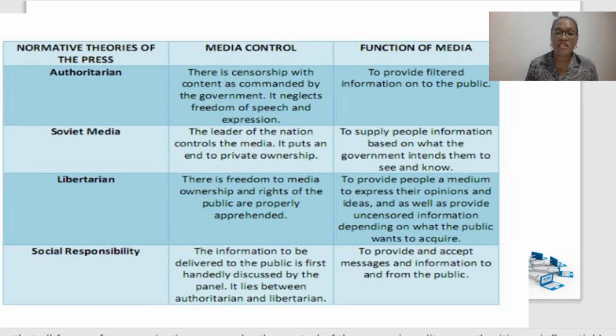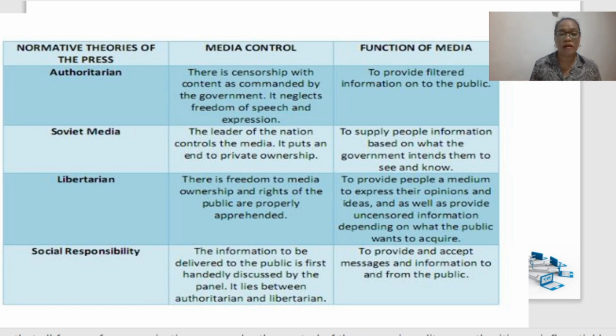So it provides people a medium to express their opinions and ideas, and as well as provide uncensored information depending on what the public wants to acquire. It doesn't have to follow regulation, so everything can be said whether it is good or bad. People always have the freedom to express what they want to say and how they feel about a particular topic or matter or concern.